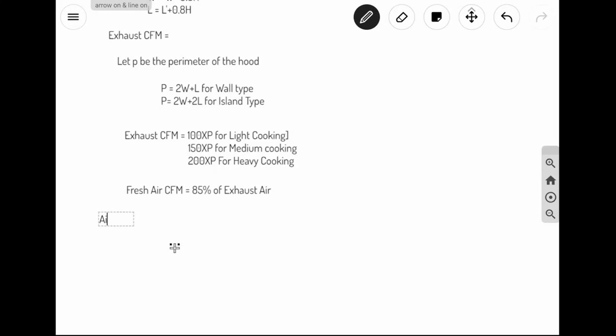Air velocity for exhaust system, for ventilation system B, is 1500 to 2200 FPM, feet per minute.